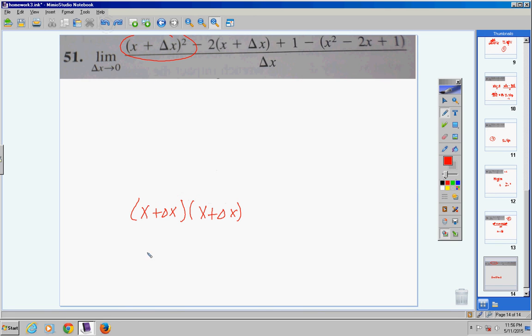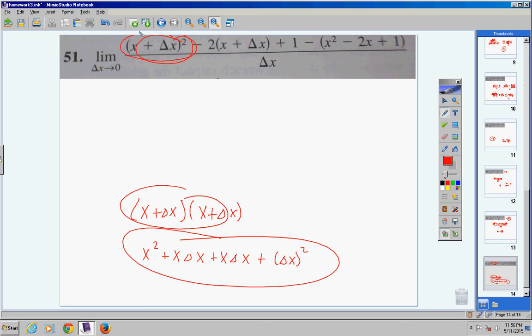X times x is x squared. X times delta x is x delta x. Now we have delta x, we're going to multiply that through, okay? Delta x times x would be x delta x, and then delta x times delta x would be delta x quantity squared. So this whole expression right here is this, which is this right here, alright?